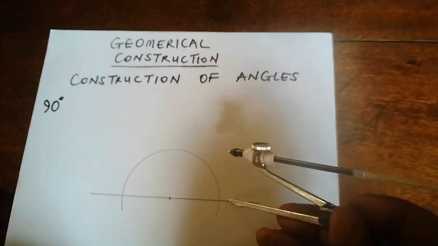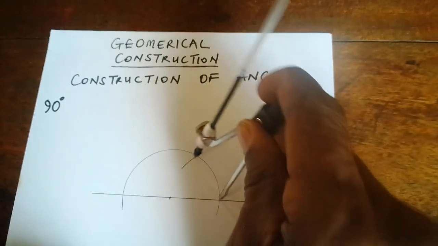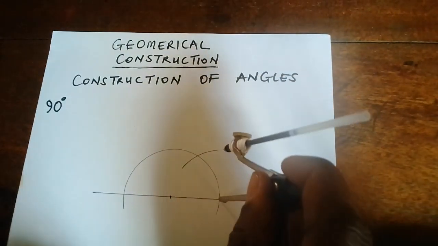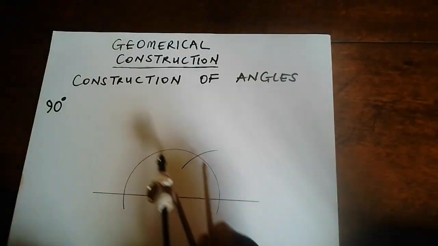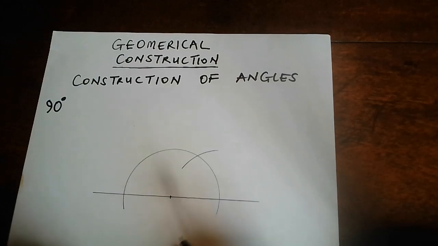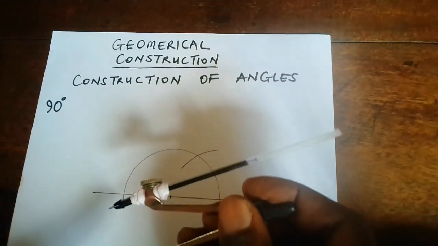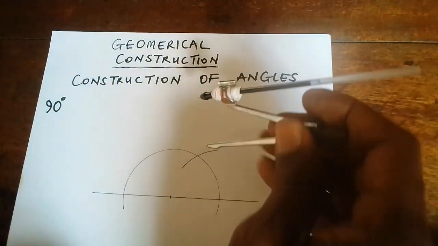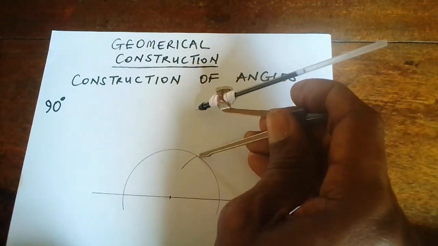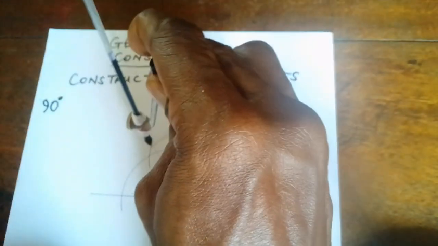You strike an arc to cross the curve at that point. At this other point of intersection again, you place the pin of your compass and you strike another arc.